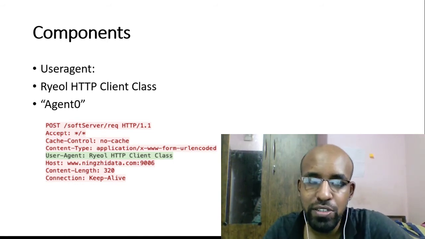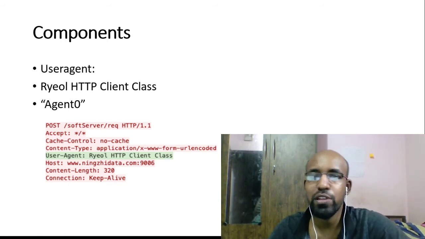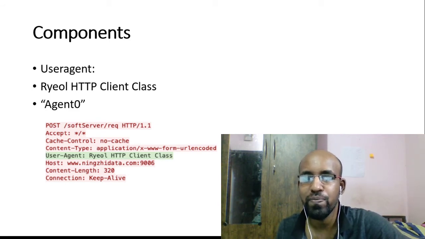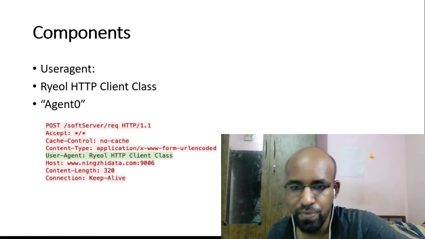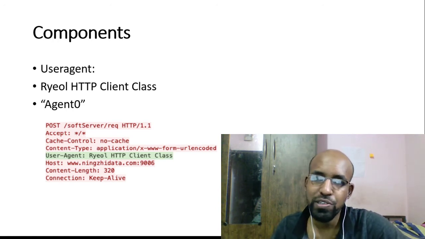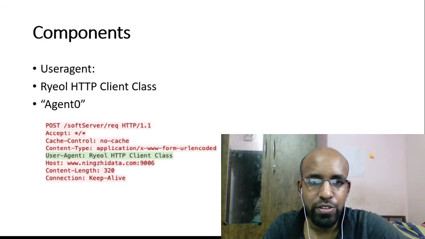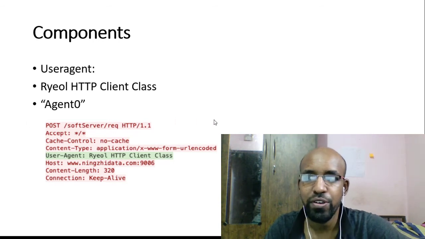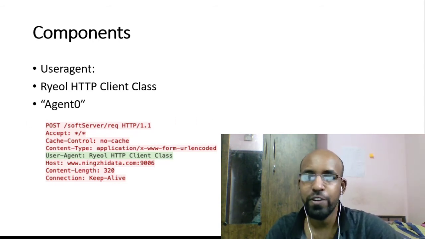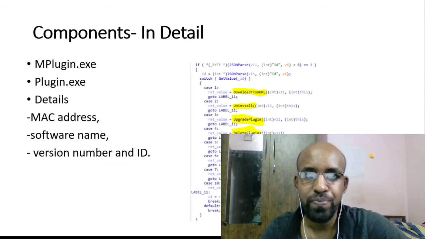That way you can understand that this particular URL is being invoked by this particular application to fetch some information. Mostly they are sending a POST request, and you can see it is using port 9006 to connect. These are some components where you can identify whether a particular request is malicious or not.